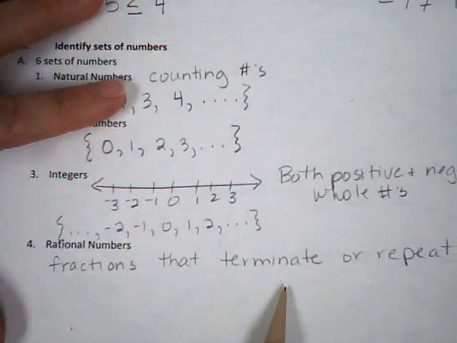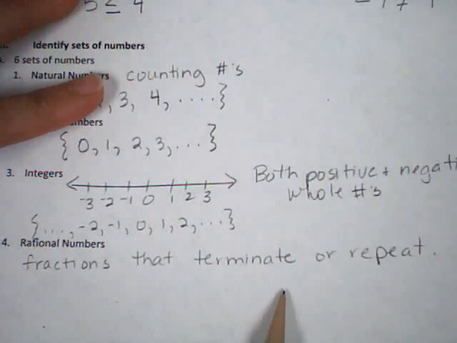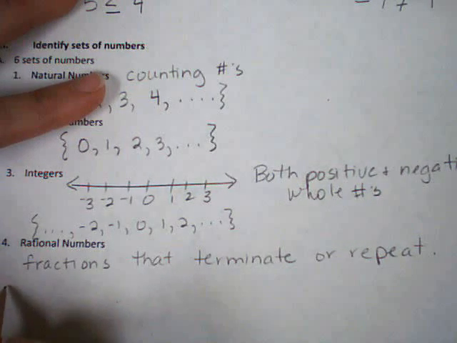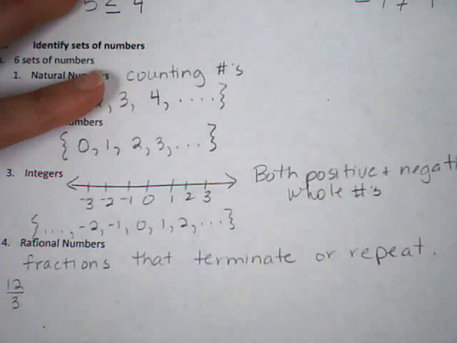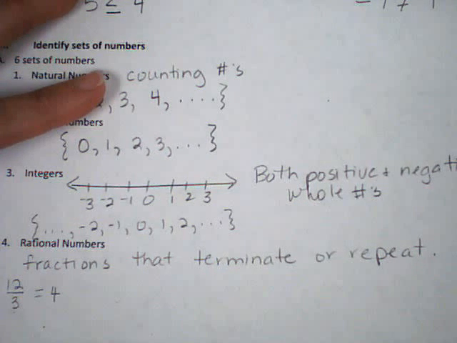For example, if I have 12 over 3, that's a fraction. If I divide this, 12 divided by 3 equals 4. That's a terminating fraction. It's just 4. It stops there. That's a rational number.